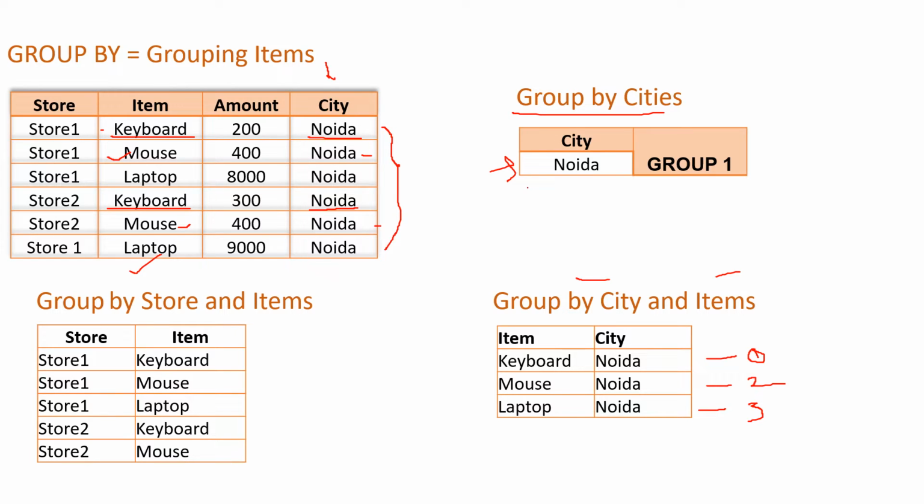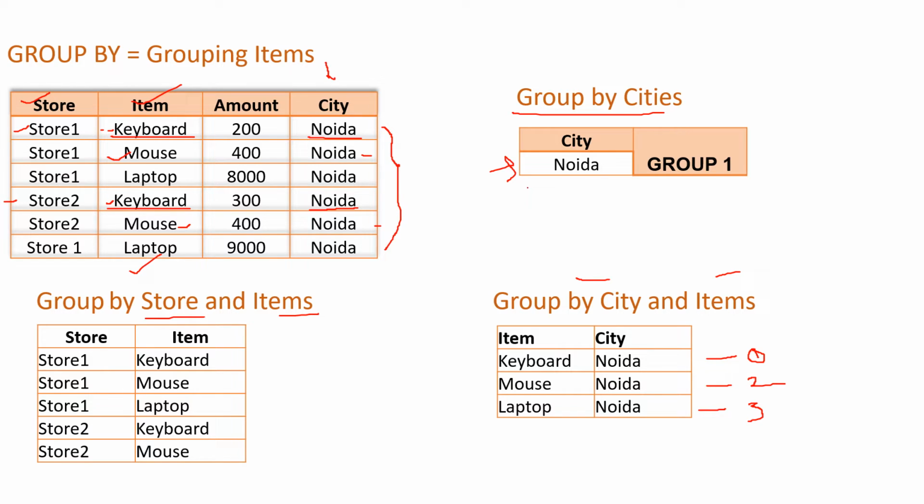In this example, I have created a group based on store and item. If you see, we have a store and item. In the item column, we have an item keyboard which is sold in store 1, and we have another item keyboard which is sold in store 2.